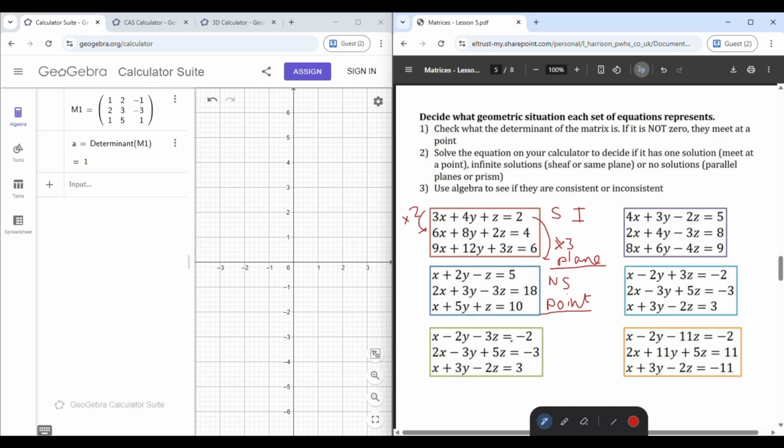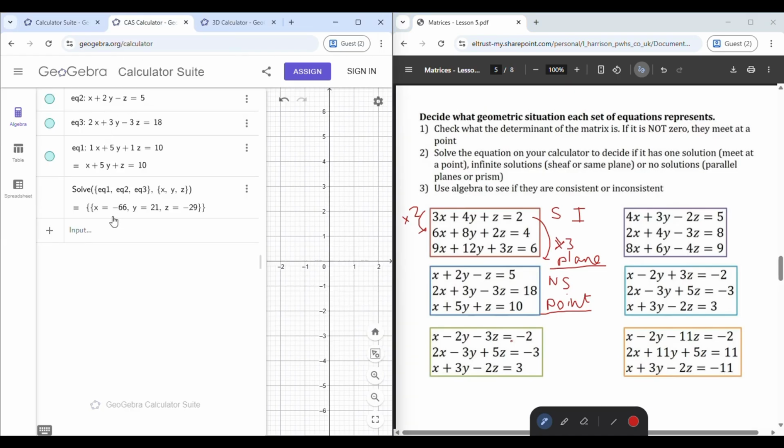So I know they're going to be consistent, but I can go out to find the point of intersection. So I get that they intersect at that point there. They intersect at -66, 21, and -29. And you'll get that by just solving that system of equations, and they intersect at a point.